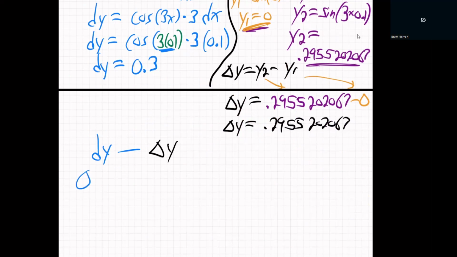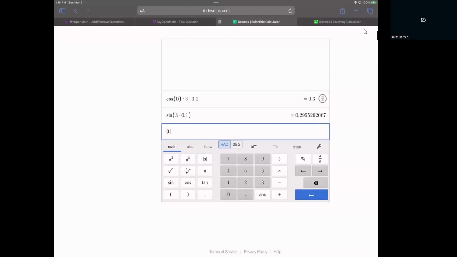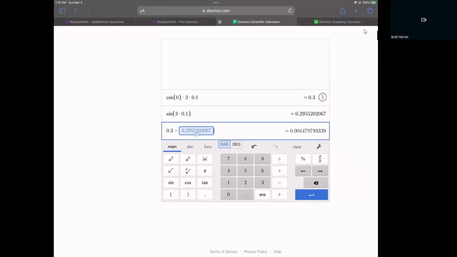That's what they're asking us for. So dy, 0.3 right there, take away delta y, this thing, 0.2955202067. So we've got to subtract those. That's called the error between them, between dy and delta y. I'm going to just go to Desmos, and I just take 0.3 minus that last answer.